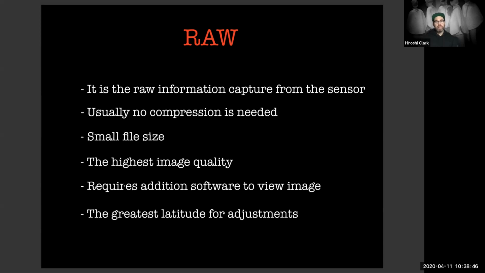Small file size? That's not true. It's large. It has the highest image quality, but requires additional software to view the image. When you shoot a raw file on your camera, you can still look at the back of your camera and see what you shot. What's happening is the camera generated a tiny little thumbnail preview JPEG so that you can view it on the back of the camera.